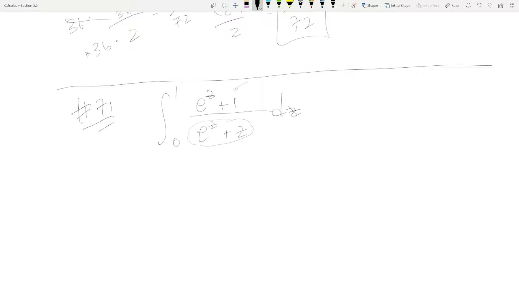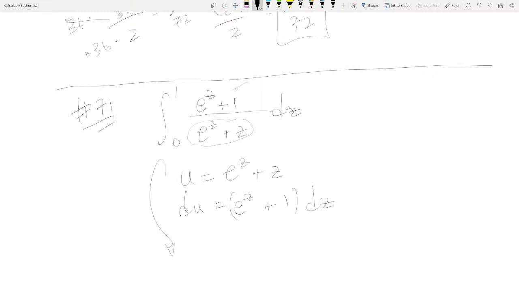Now, you might not just jump right to that answer. You might play around with it for a little bit, maybe even break it up into two fractions. But the way to go here is to pick the whole denominator to be u. Then du is e to the z plus 1 dz.